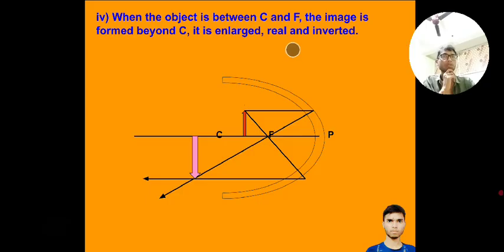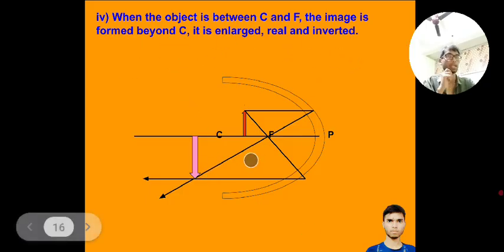When the object is between C and F, the image is formed beyond this C. The image, which would be real, would appear beyond this C. It would not be at infinity, but beyond this C. When the object is between C and F, the image is enlarged. It is bigger as compared to this.